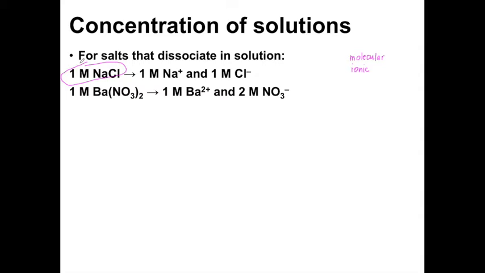Another example, barium nitrate. If I say I have a 1 molar barium nitrate solution, this barium nitrate dissociates into barium ion and nitrate ions. Notice in the chemical formula of nitrate, it has a subscript 2, which means we can write the dissociation of barium nitrate in this manner.